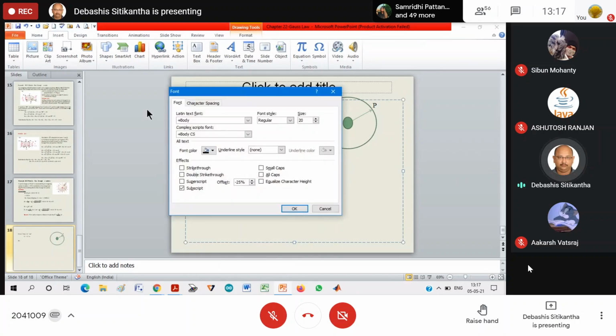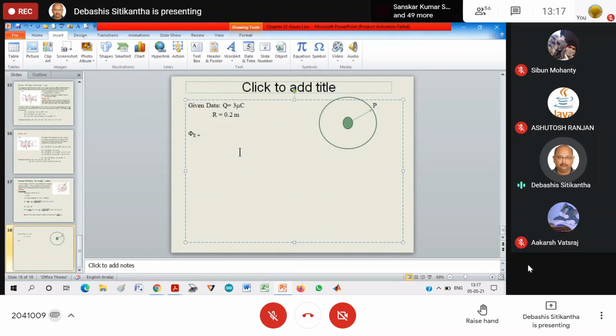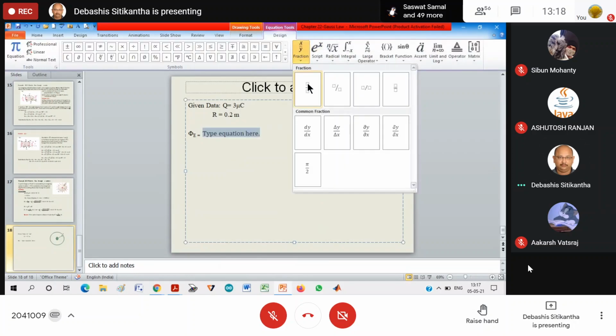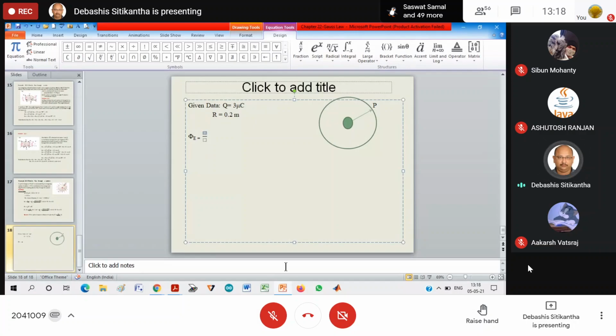Now you people continue doing it. I am only writing for those who are not able to understand it. So it is going to be Q enclosed by epsilon 0.